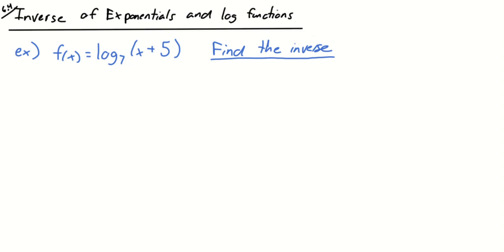All about inverses. How do I find the inverse? Like if I give you y equals 2x plus 5, how do I find the inverse?